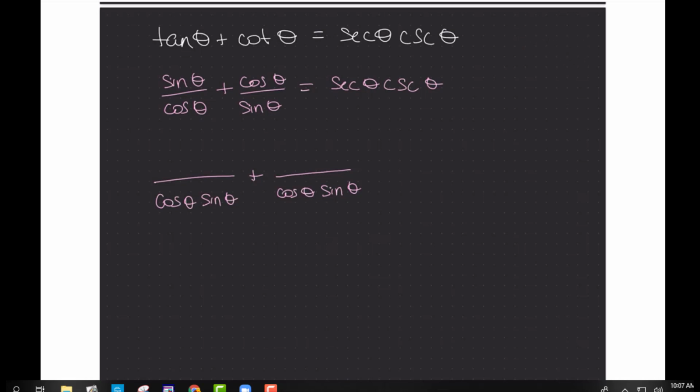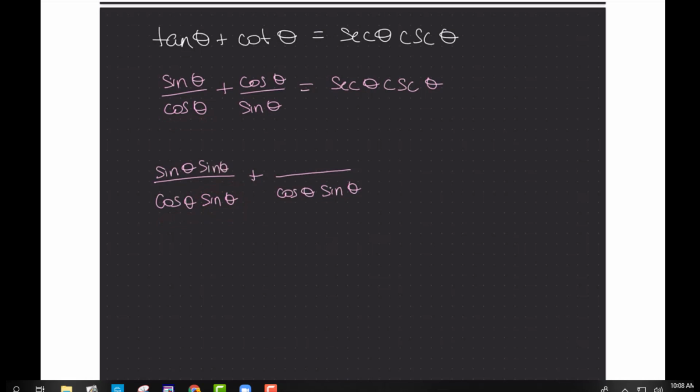Right. So I originally started with sine theta on top. So what did I have to multiply my denominator by to get that first fraction? Sine. So if I multiply the bottom by sine, what do I got to do to the top? Multiply it by sine. All right.